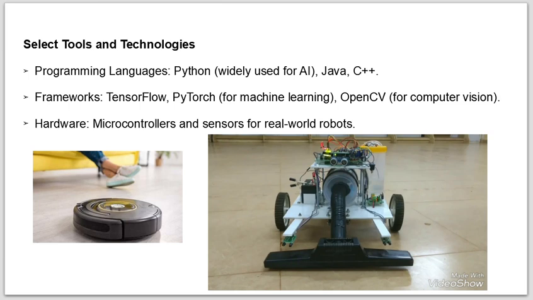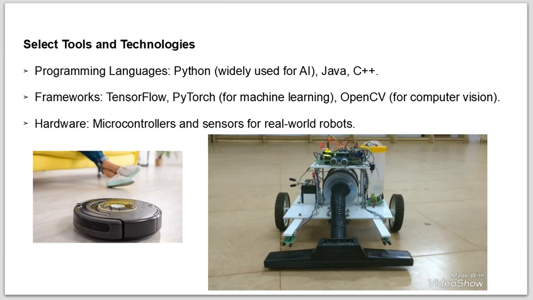Then we have to select the software stack, okay, the right technologies and tools to develop the AI agent. So what programming languages would you choose? You have Python, which is widely used for AI and is rich with libraries for machine learning, neural networks, everything. Then you can use Java and C++. The frameworks which are available are TensorFlow, PyTorch, OpenCV for computer vision.